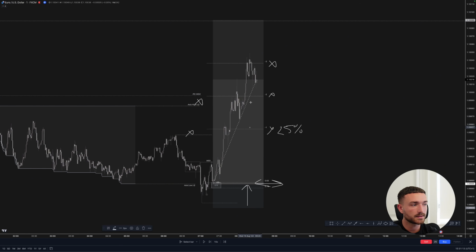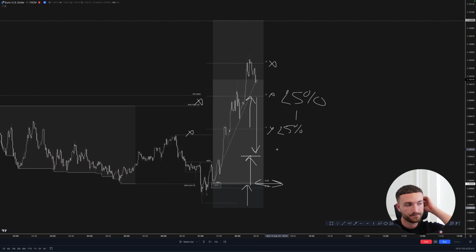Okay, so then we go to the next deviation here. I would then take another 25% off, which means 50% of my original position is now gone, banked. And then if price were to reverse from here, I move my SL into a bit of profit, probably beneath lows like I normally do.